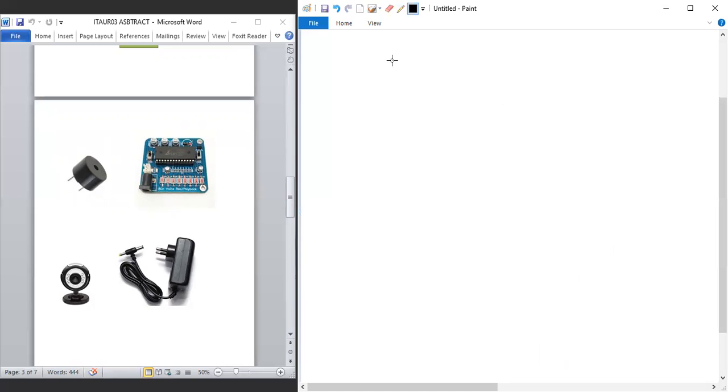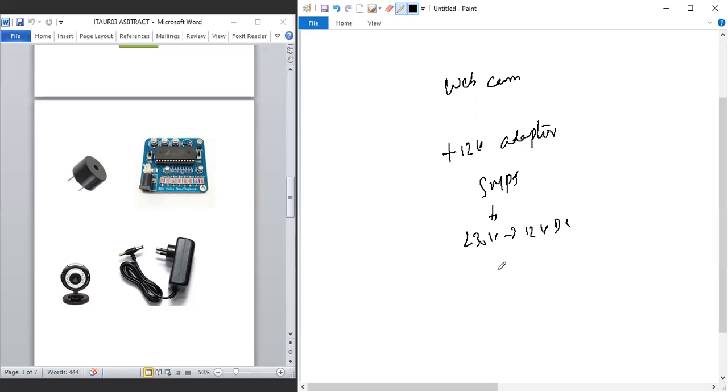Next is the camera. Here we are using a normal webcam for matching faces or objects. Next is the power supply. We are using a 12 volt adapter with SMPS that converts 230 volt to 12 volt DC. For the controller, we are converting 12 volt to 5 volt using a 7805 IC.